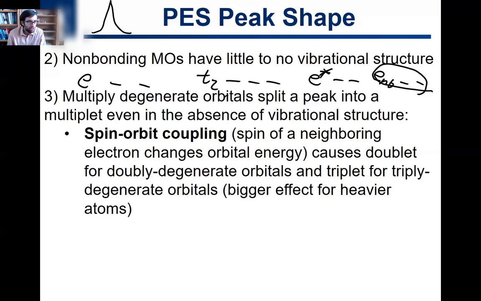and maybe you don't understand it, but the way that I think about it is basically you have a spin of a neighboring electron that causes a change in orbital energy. So think about it here: if you have two electrons like that, both spin up, those electrons have basically a magnetic field associated with them, right?